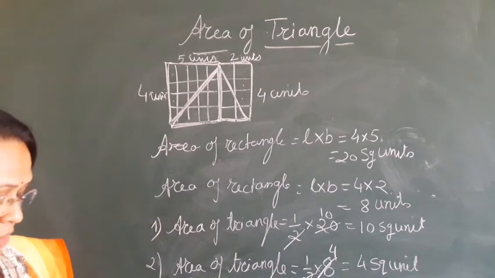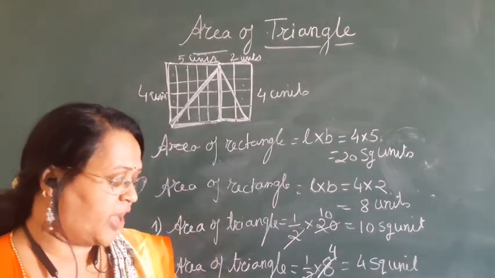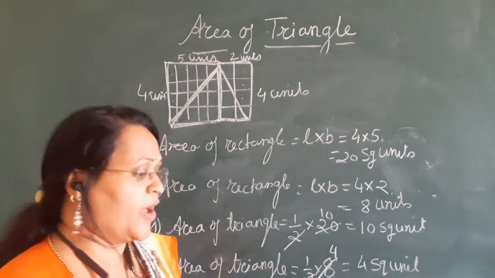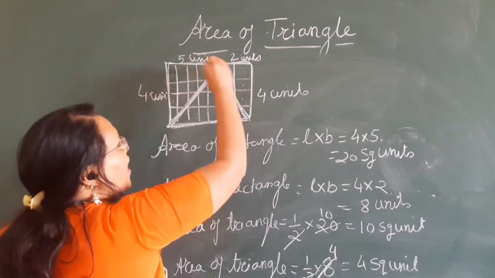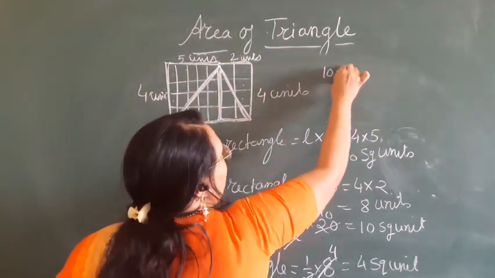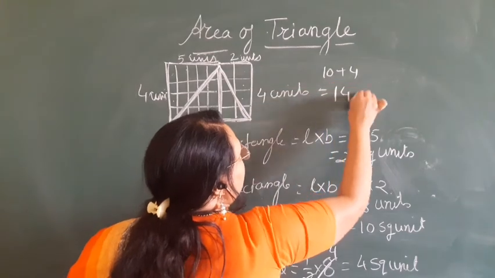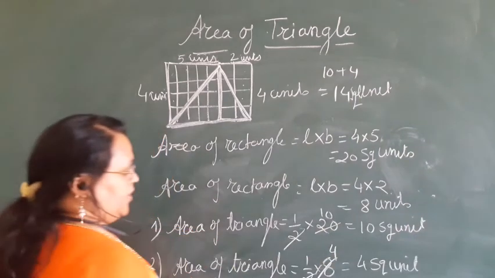So the area of the whole triangle is 10 plus 4, it is 14 square units. So the total area of this triangle is 10 plus 4, it is 14 square units.